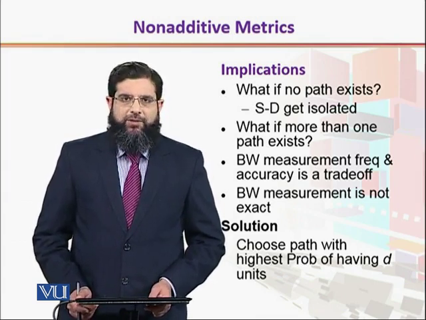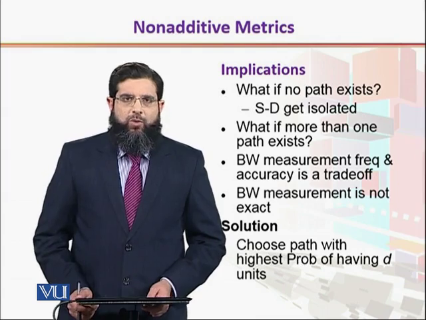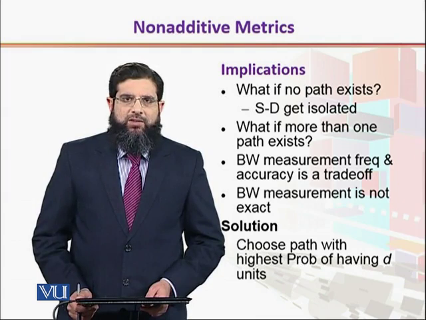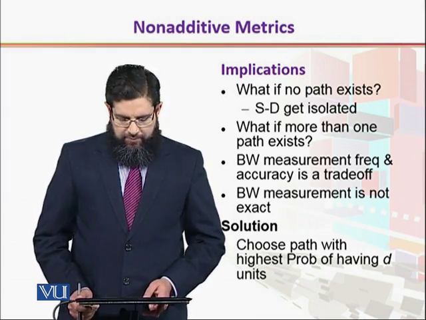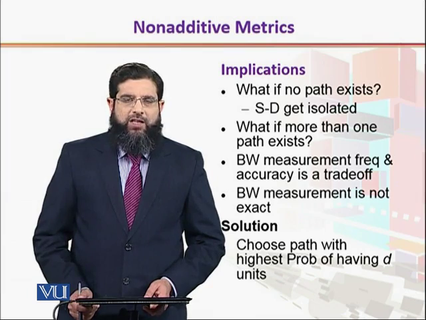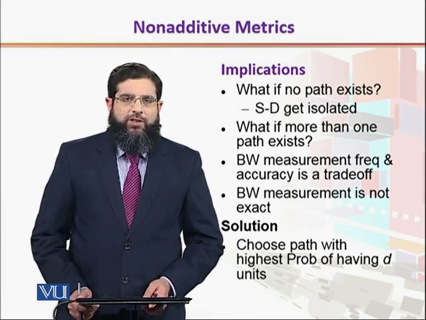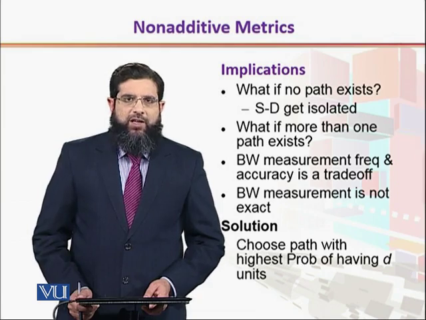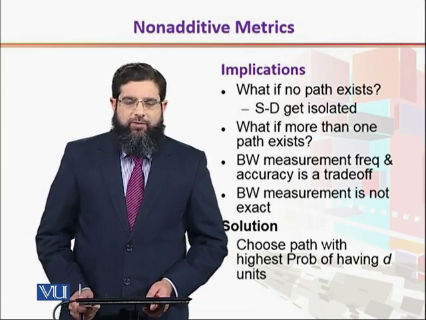The bandwidth measurement, if it is done frequently, would involve active probe packets and discovery, which would have its own overhead. Likewise, more frequent bandwidth discovery means high accuracy, but low accuracy is achieved if the bandwidth is not determined frequently.